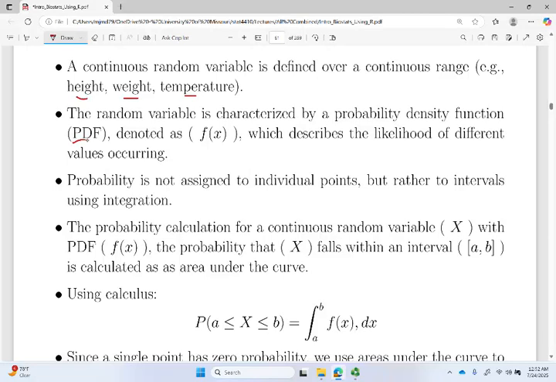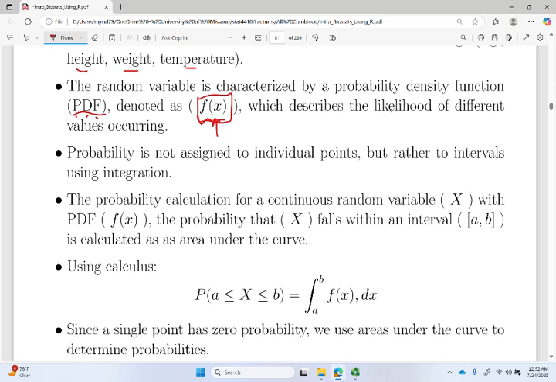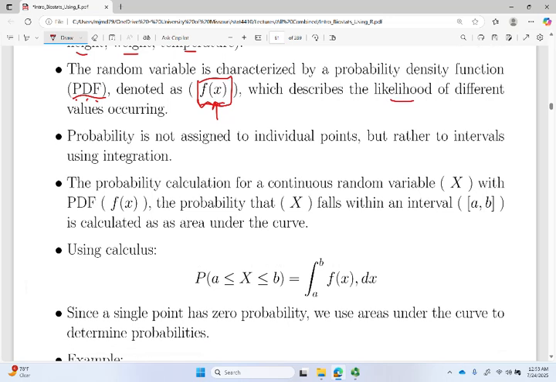Those would be continuous random variables. The density, the PDF, the probability density function, is denoted by f of x. And f of x tells us the likelihood of something happening. Technically, in the continuous case, the probability of a point is 0. So technically, this is not probability, but it's like probability. It just describes the likelihood of the different values occurring.